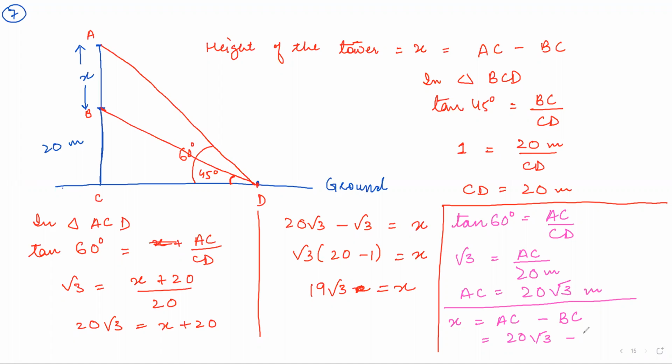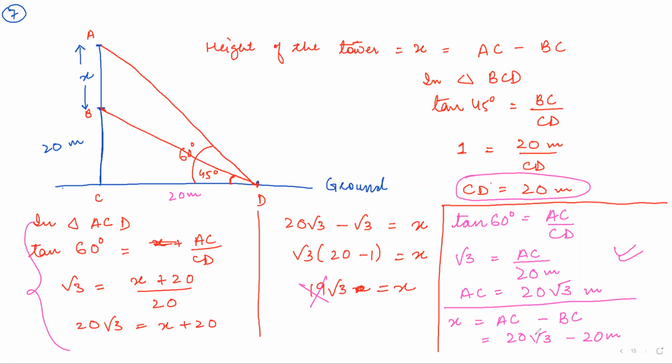What will I get, root 3 minus 1? I think I have done some mistake here. I think this is not the answer of the problem. Actually, this side CD is also coming out to be 20 meters in this problem, which I have found here. Now here I have done some mistake. I'll just check it again.